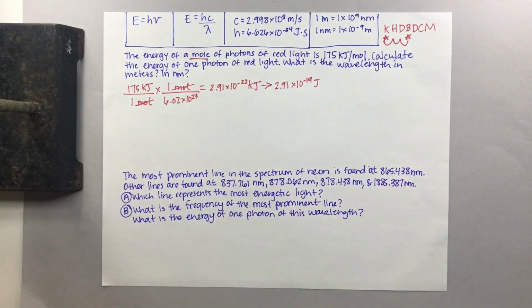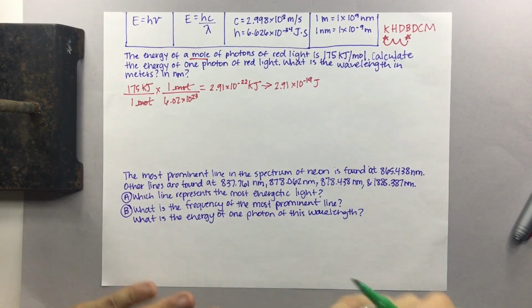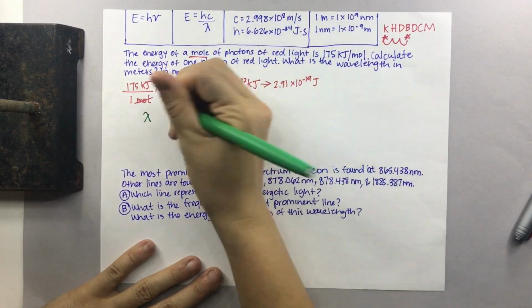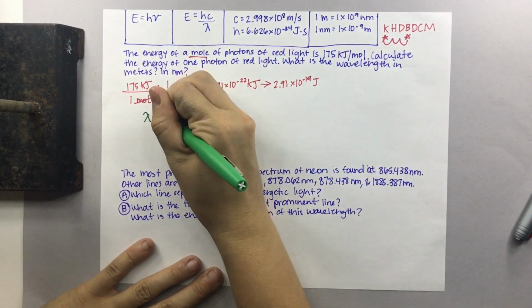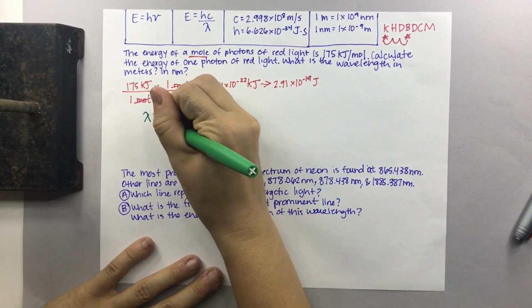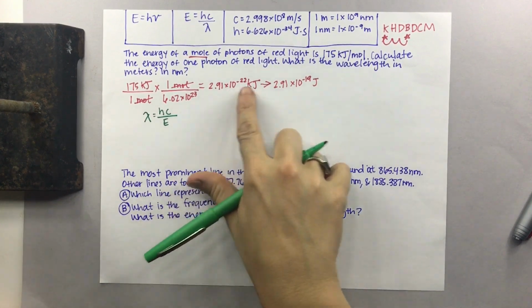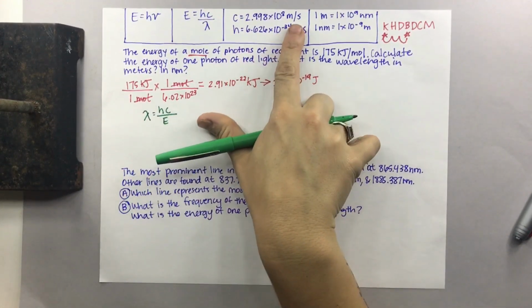The new equation that we get is wavelength is equal to Planck's constant times speed of light divided by the energy. This is really just a plug and chug based on the information that we just saw and the constants that we already have.